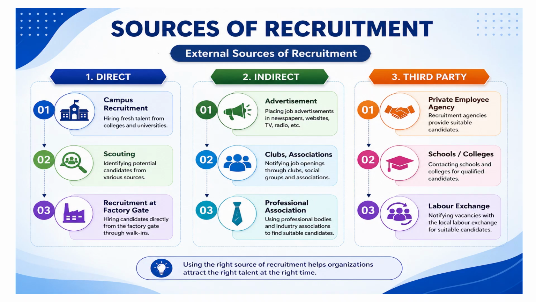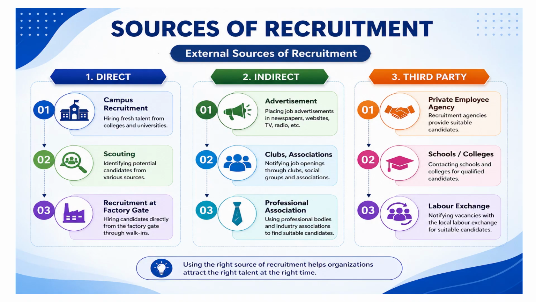The second type is scrutiny. Now let's understand it. It is searching for talented people from different places. Instead of waiting for the candidate to apply, the company actively looks for skilled individuals. Here the HR manager will search through LinkedIn, professional websites, conferences, and social media for the right candidate.